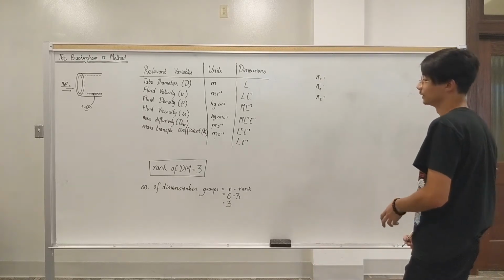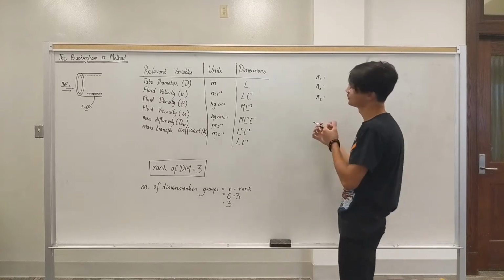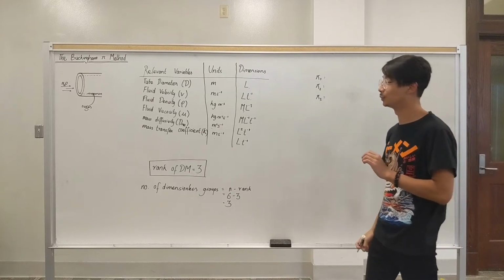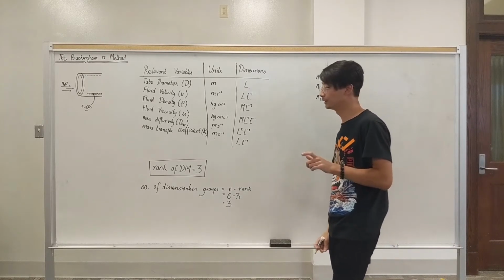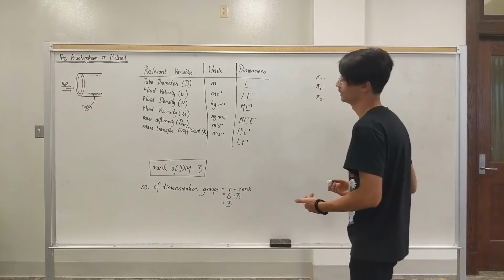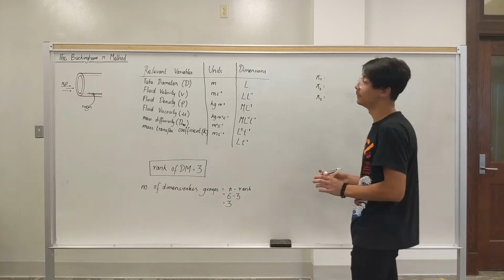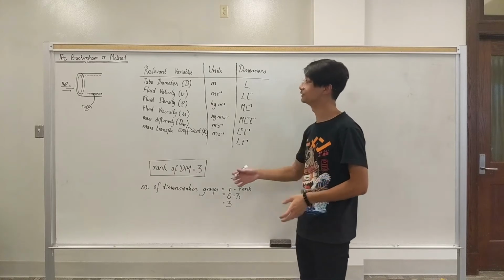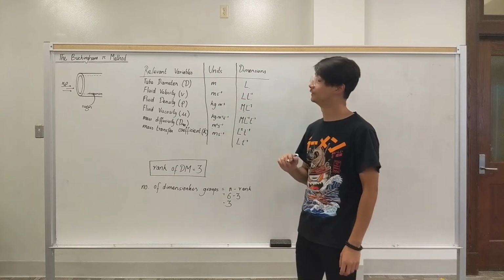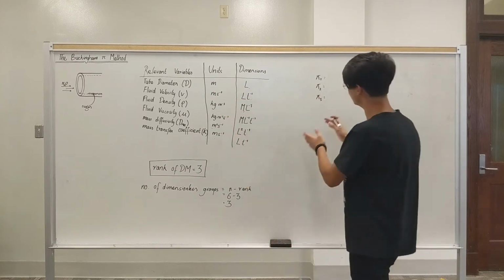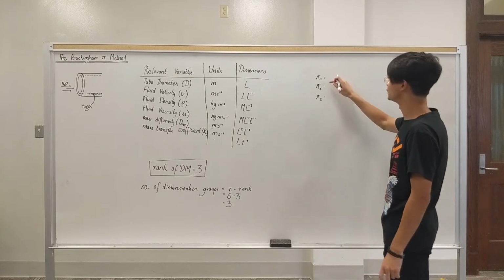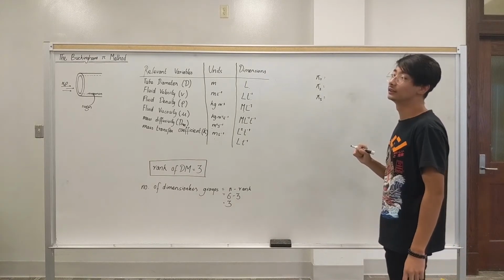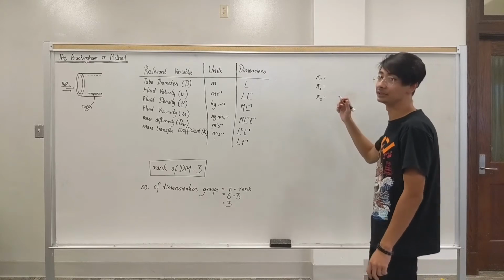Now, each of these dimensionless parameters are going to have what is called a core group. So what is a core group? A core group is basically a group of variables that we select from the variables that we already have, that we will assign to each of our dimensionless parameters.